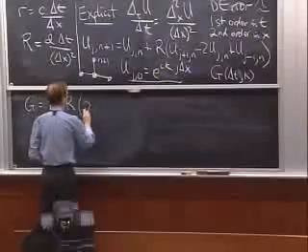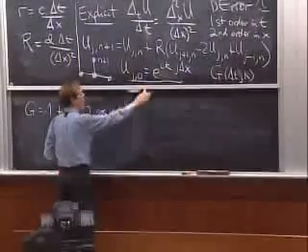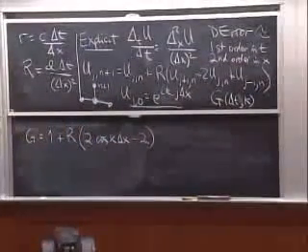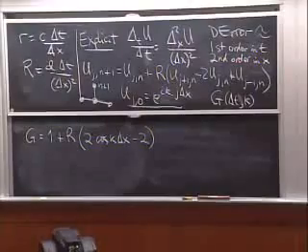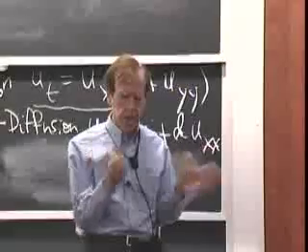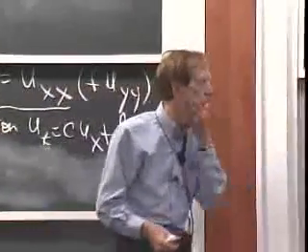Those combine to give 2 cosine k delta x. And the center one is minus 2. That's our growth factor. And the question is, does it stay below 1, which is the stability requirement, for all k delta x?